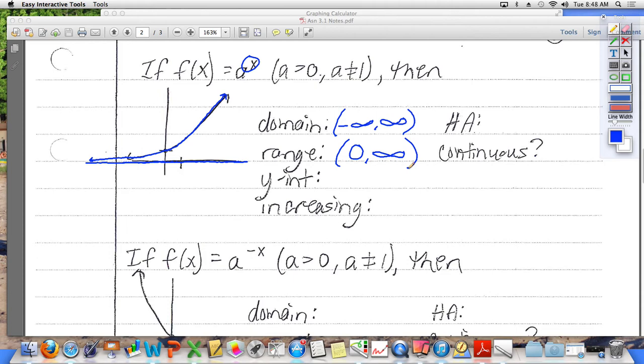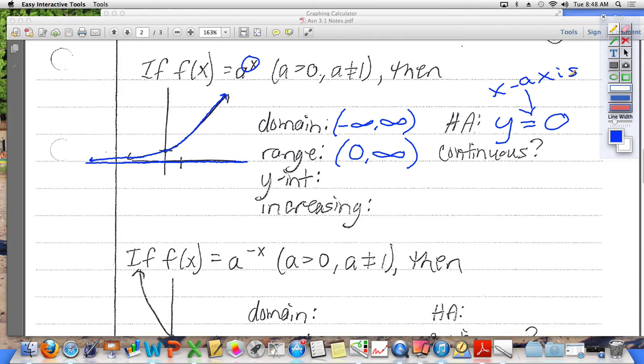What is the equation of the x-axis? Very good. It's a horizontal line. Right here, the y value is 0. So the horizontal asymptote is y equals 0. In other words, it is the x-axis.